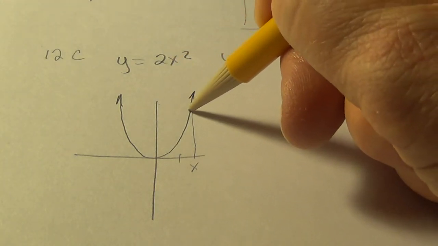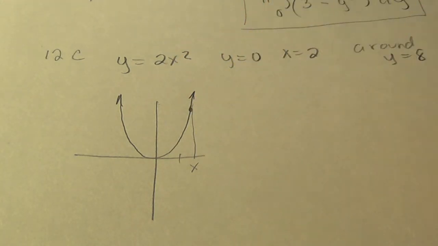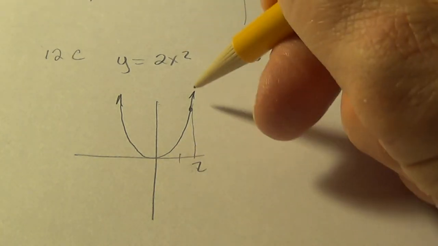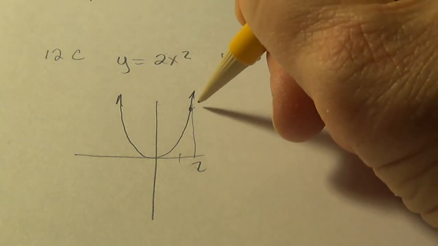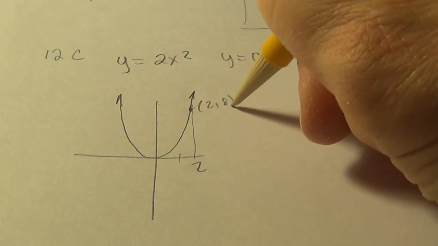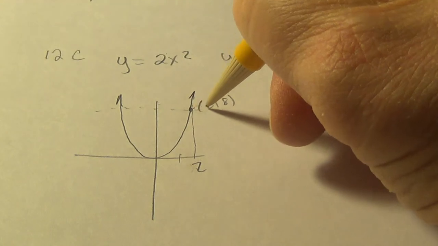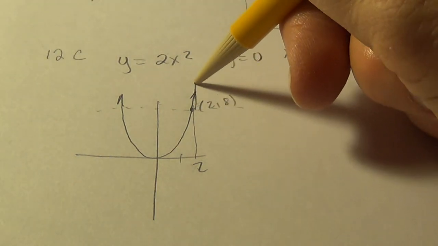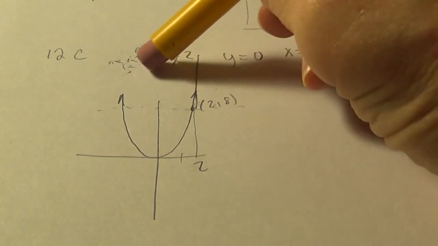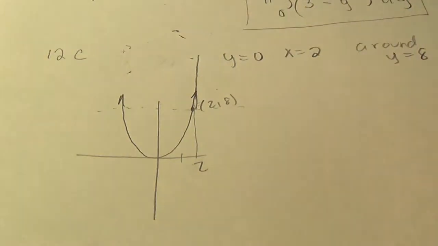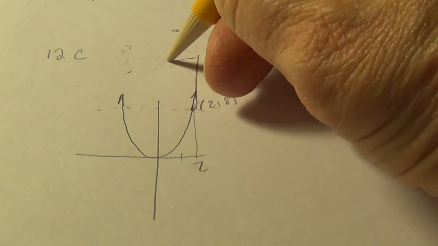So what's this point here? If x equals 2, plug that in the equation and we get 2 times 2 squared, or 8. So we have (2, 8) at this point, and it's at this point that we're going to revolve this. Let me move my problem here to make room.